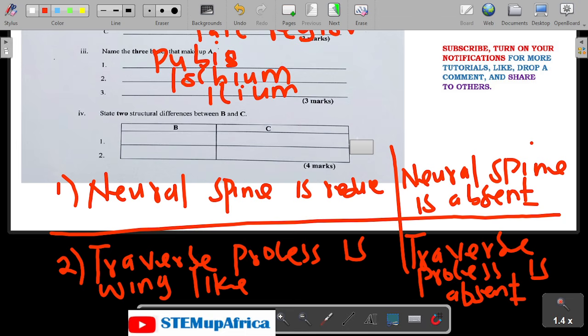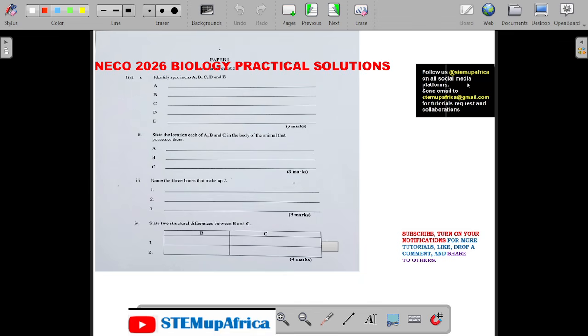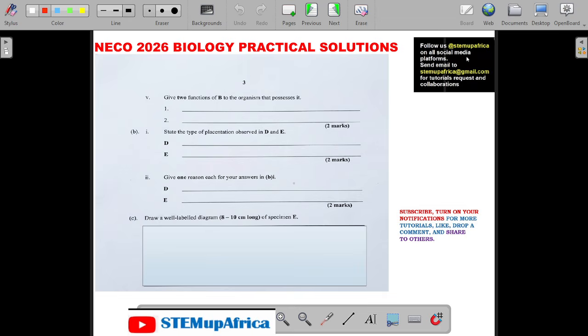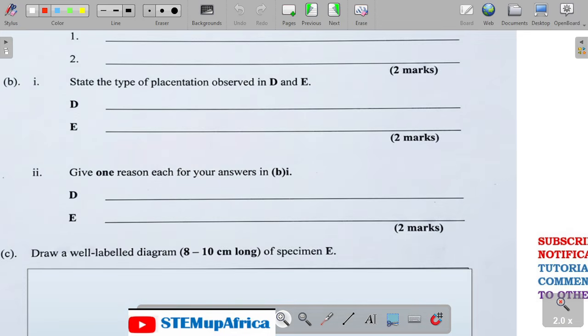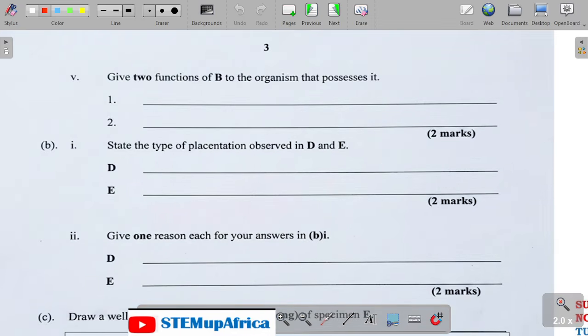Let's go to Roman figure 5 of the question. Yes, here we are. Let me bold it so you can see very well. It says state 2 functions of B to the organism that possesses it.